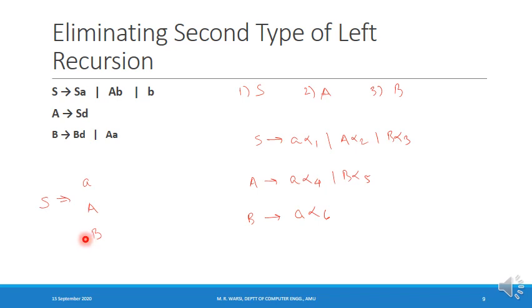Now, when I expand the capital A, the string that I will obtain can either begin from terminal symbol or it can begin from capital B. Why?